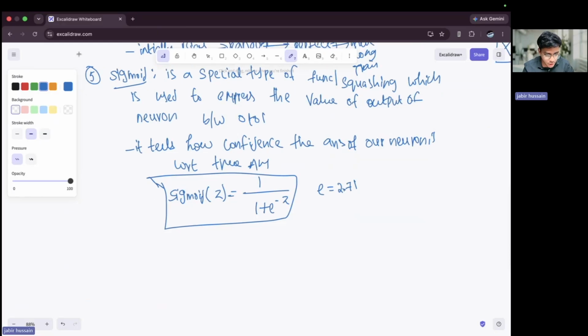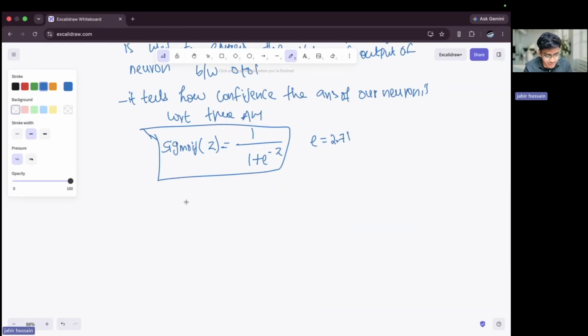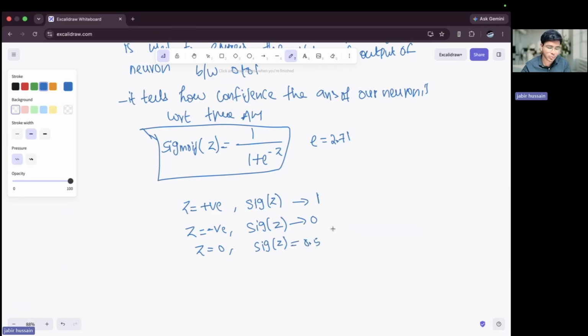If Z is positive, then sigmoid of Z tends to 1. If Z is negative, then sigmoid of Z tends to 0. And if Z is 0, then sigmoid of Z would be exactly 0.5.